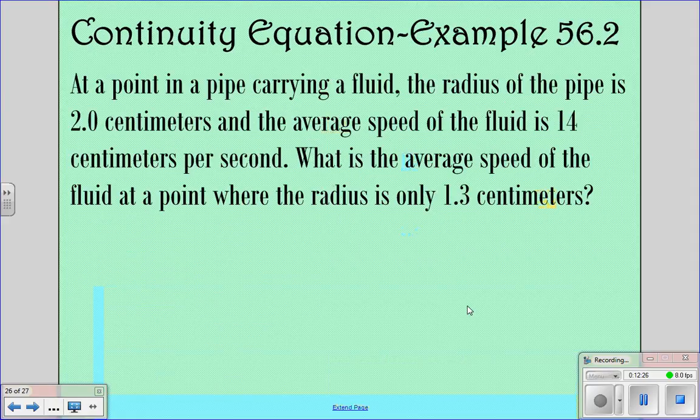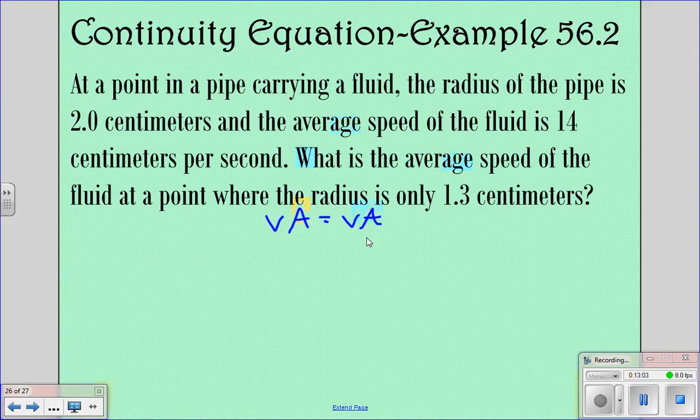So let's look at an example. 56.2. At a point in a pipe carrying a fluid, the radius of the pipe is 2 centimeters, and the average speed of the fluid is 14 centimeters per second. What is the average speed of the fluid at a point where the radius is only 1.3 centimeters? So we're going to say VA equals VA, and that's because we know that the flow rates have to be the same.